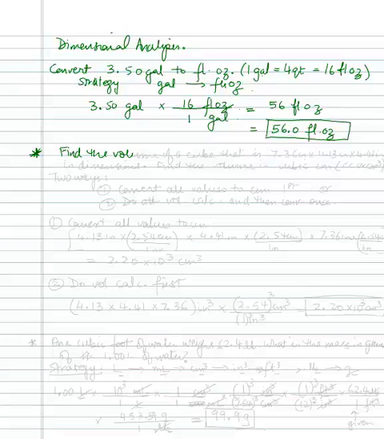Find the volume of a cube that is 7.36 inches times 4.13 inches times 4.41 inches in dimensions.